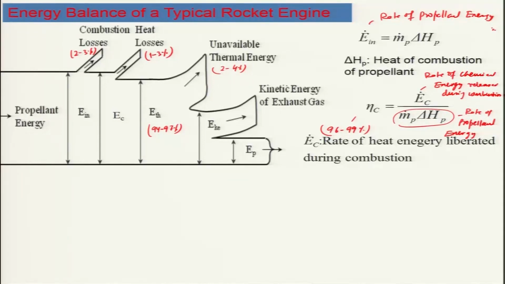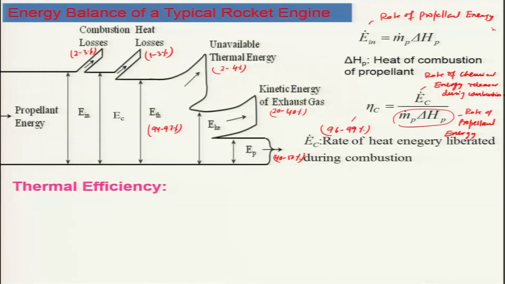And there is kinetic energy in the exhaust gas which goes out without being converted into propulsive power. So these losses will be around 20 to 40%, and the propulsive power one can get is something around 40 to 50%, with a lot of difficulty.